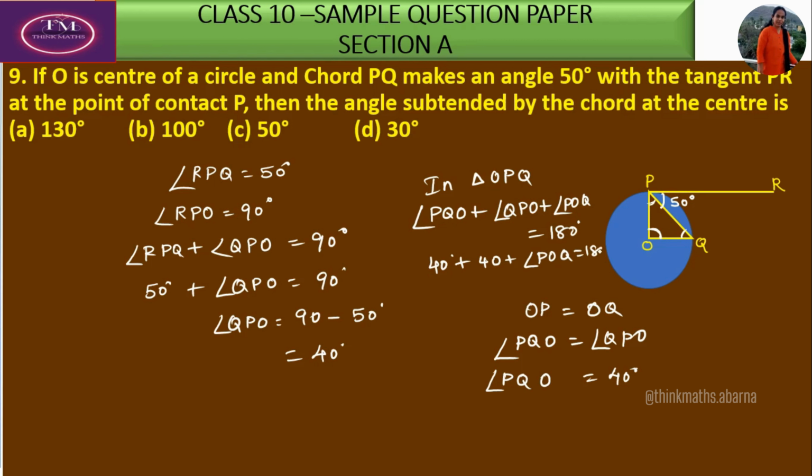So angle POQ is equal to 180 degree minus 40 plus 40, which is 180 degree minus 80. 40 plus 40 is 80. So 180 minus 80 is 100 degree. So the value is 100, which is option B. So option B is our right choice.